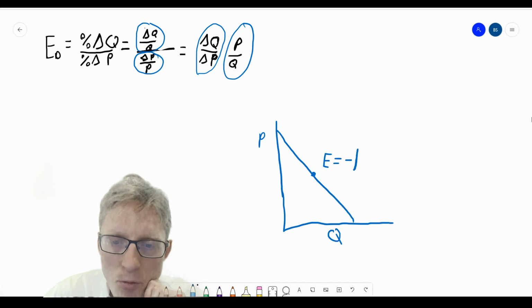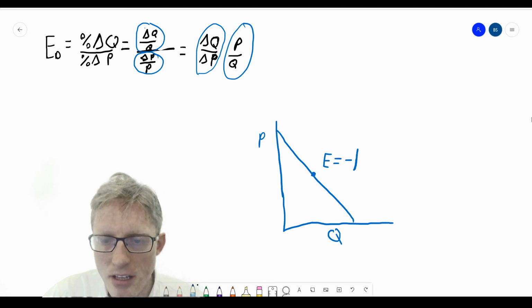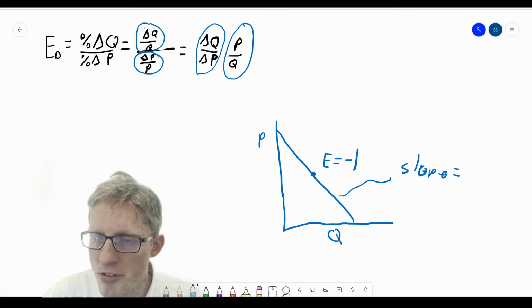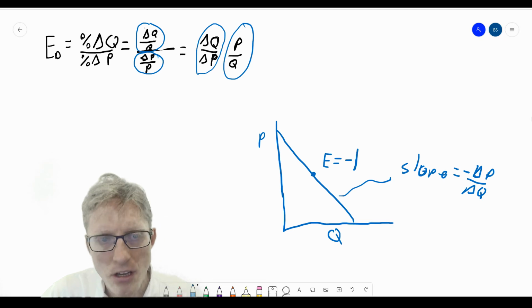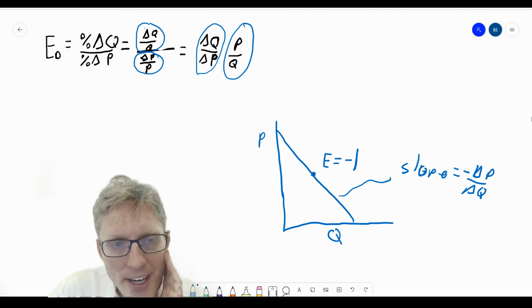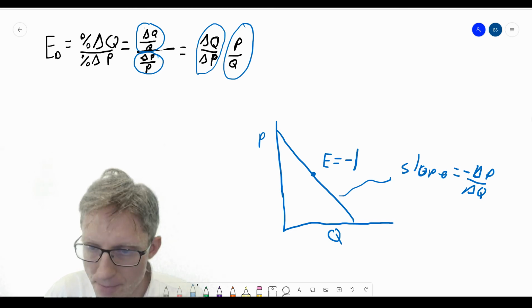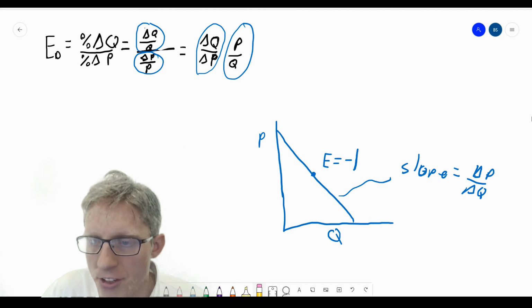Now, if you recall, the slope of the inverse demand curve is change in P over change in Q. Oh wait, sorry, this shouldn't be a minus sign. Let me erase that.